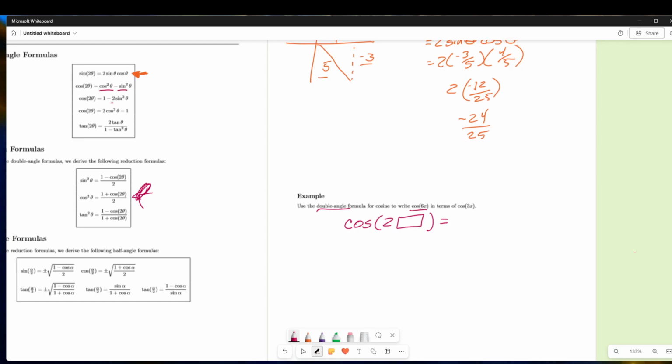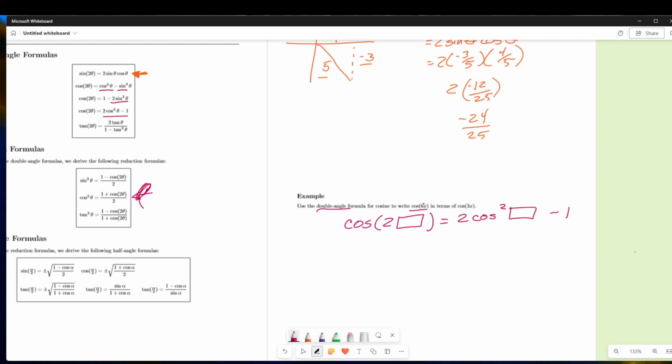We have one that's in terms of sine, and we have one that's in terms of just cosine. Okay, it's cosine squared, but still, it's only a cosine argument. So we're going to grab that and say that cosine of twice something is equal to 2 times the cosine squared of that something minus 1.